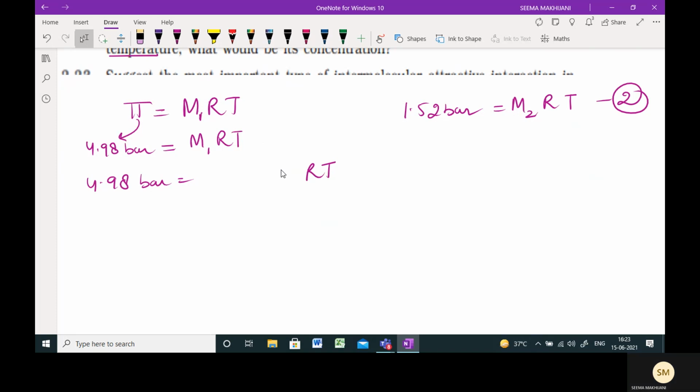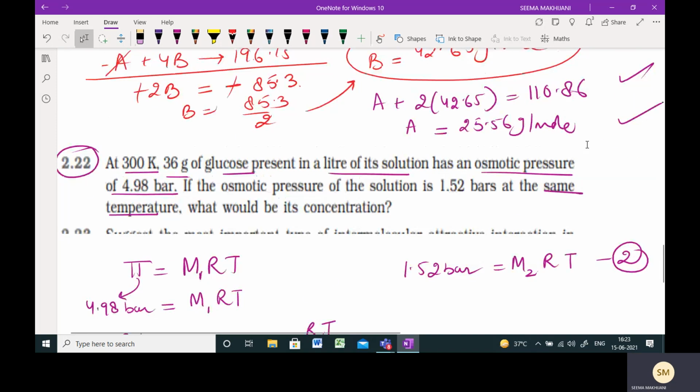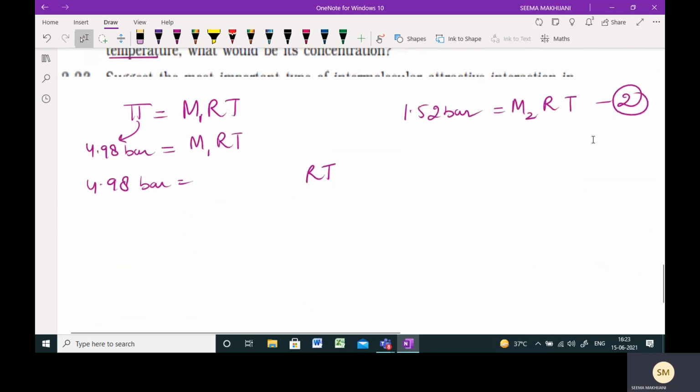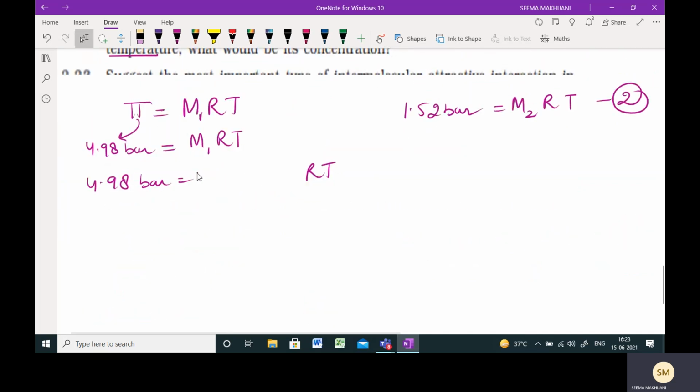molarity can be found out from the moles of glucose, 36 grams. This becomes W2 by M2, because molarity is normally the moles of the solute, divided by the volume of the solution taken in liters, times RT.